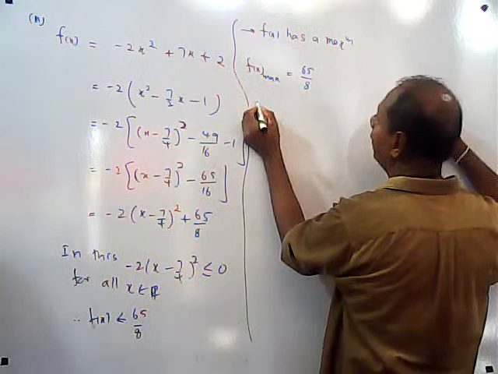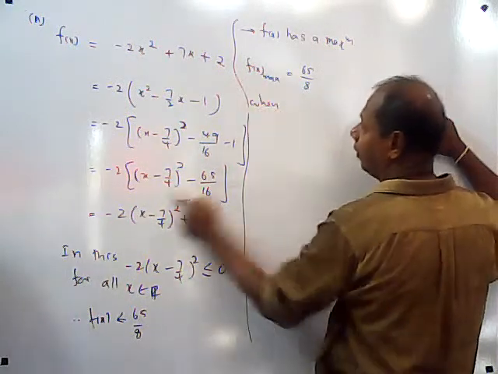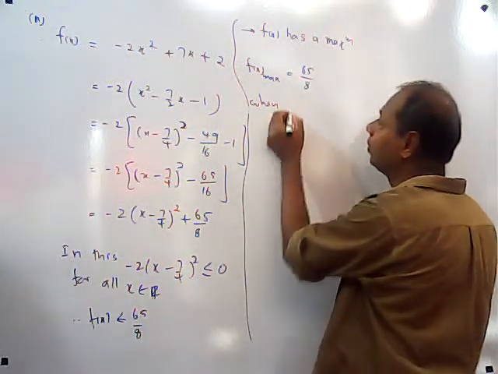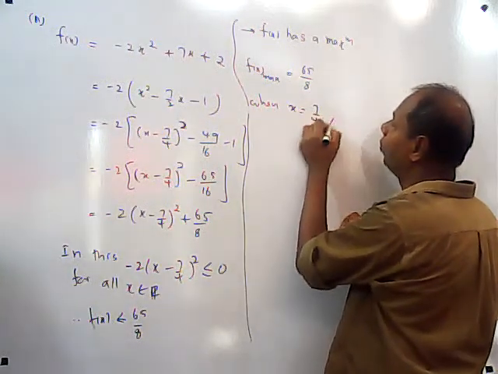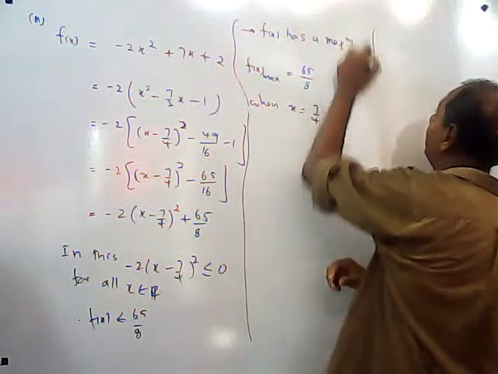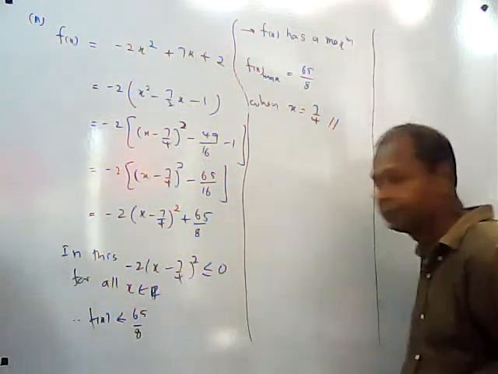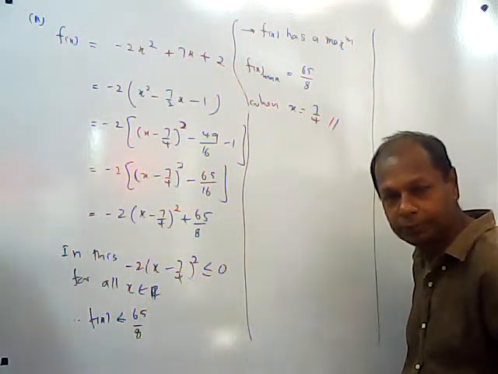Then this part is equal to 0. When this part is equal to 0, that is when x is equal to 7 over 4. That's the complete answer by method 1. Okay, everybody.